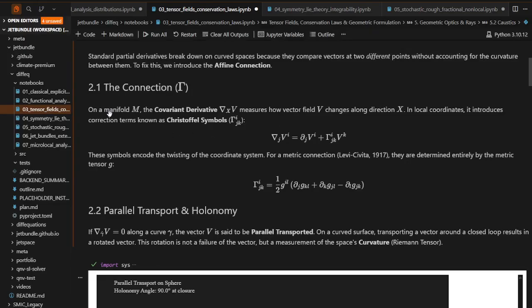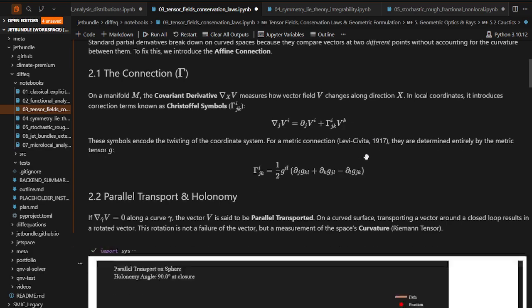On a manifold M, the covariant derivative nabla sub X acting on V tells us how a vector field changes along direction X. In coordinates, it's really just the partial derivative plus a correction term, which we'll call the Christoffel symbols. And this gamma term captures how the coordinate system twists.